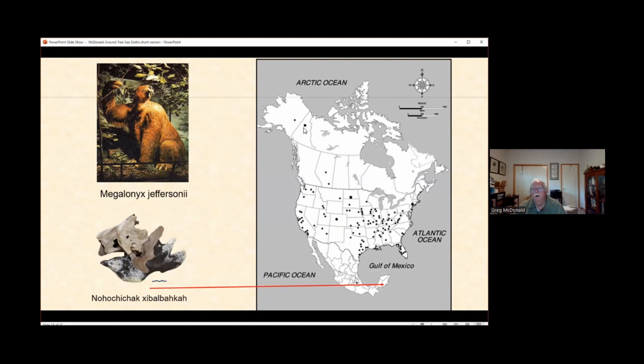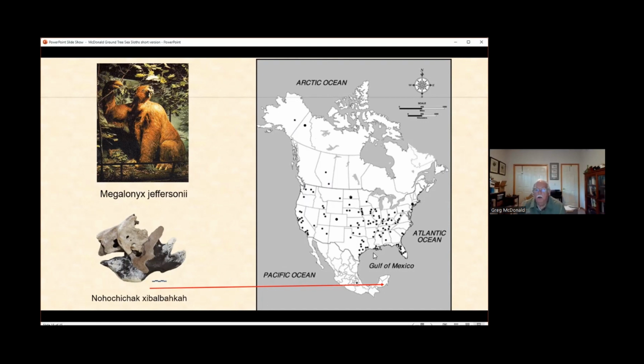It's been found in Alaska, the Yukon, up here, and other sites in northern Canada, and of course, very widespread. It is the most common of the North American sloths. And for many years, it was the only late Pleistocene Megalonychid that we had.